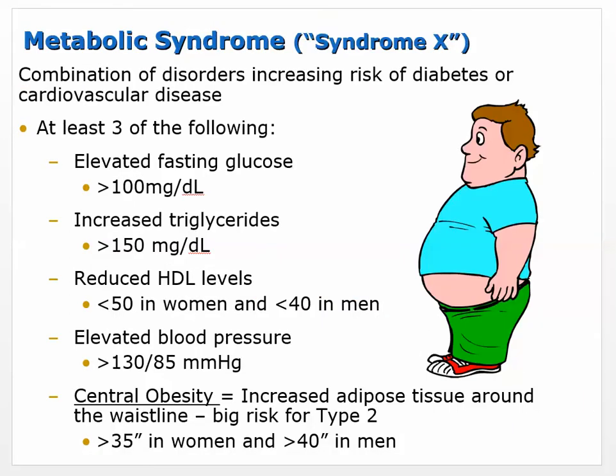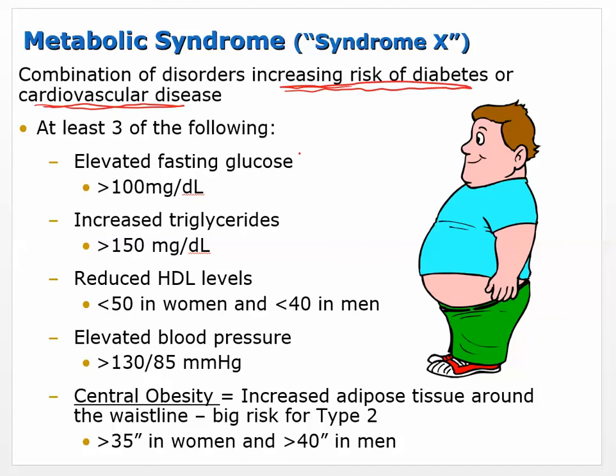All right. So metabolic syndrome is related to diabetes, but really it's a set of conditions that increase your risk of diabetes or cardiovascular disease. So it's not really just tied to diabetes. Let's read through it.